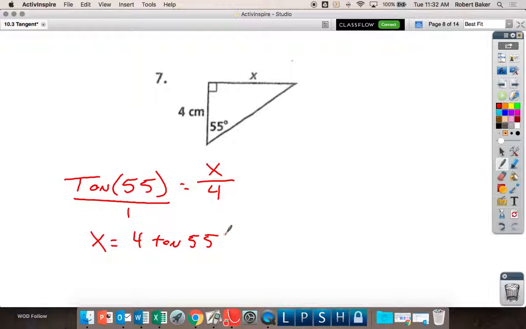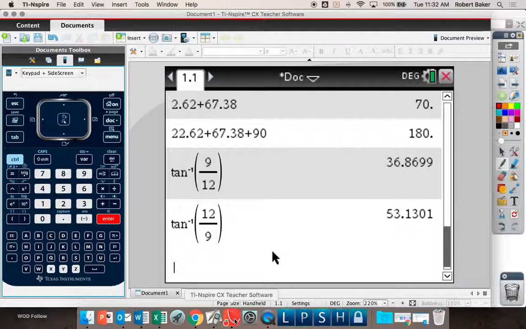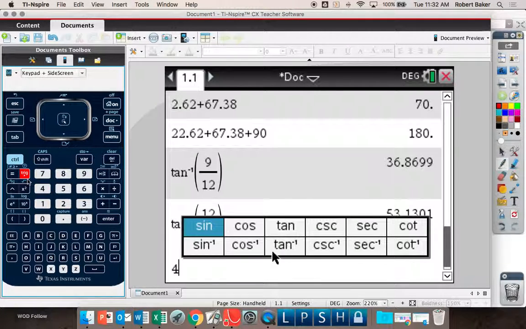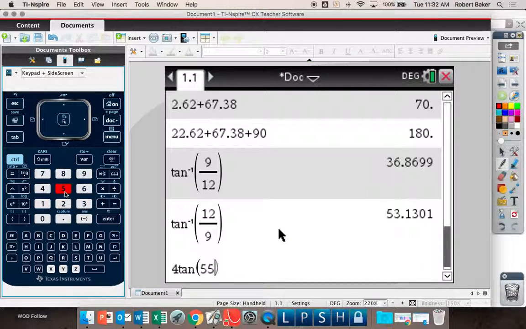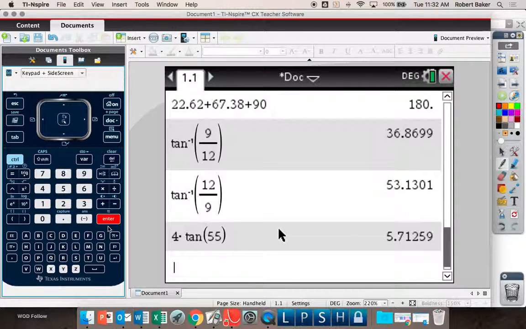That's it. You slam that in the calculator. 4 tan 55 enter. That's the long way. For regular tangent, 55. 5.713.